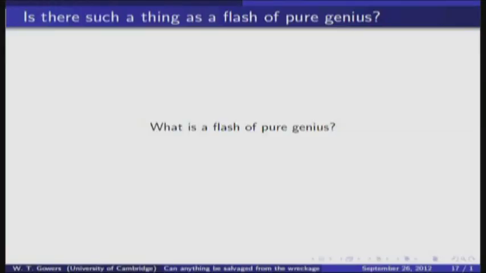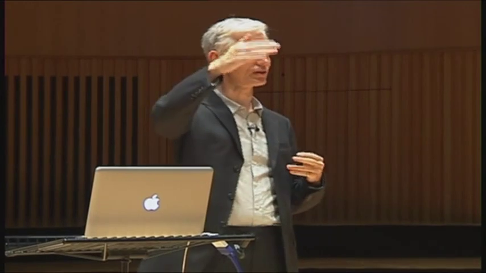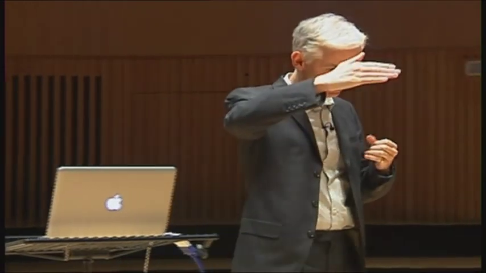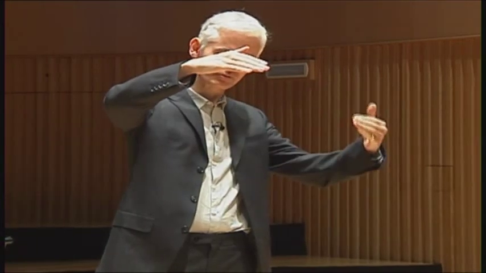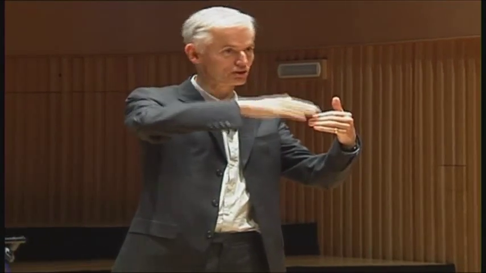So how would we actually define what a flash of pure genius is? I'm going to adopt as a working definition that a flash of pure genius is a big advance that can't be broken up into smaller and more modest advances. If you've got an idea, very often, if somebody asks how you thought of it, you could say, well, I realized that you would have to do such and such, and that if you could do such and such, then you'd be able to do this.